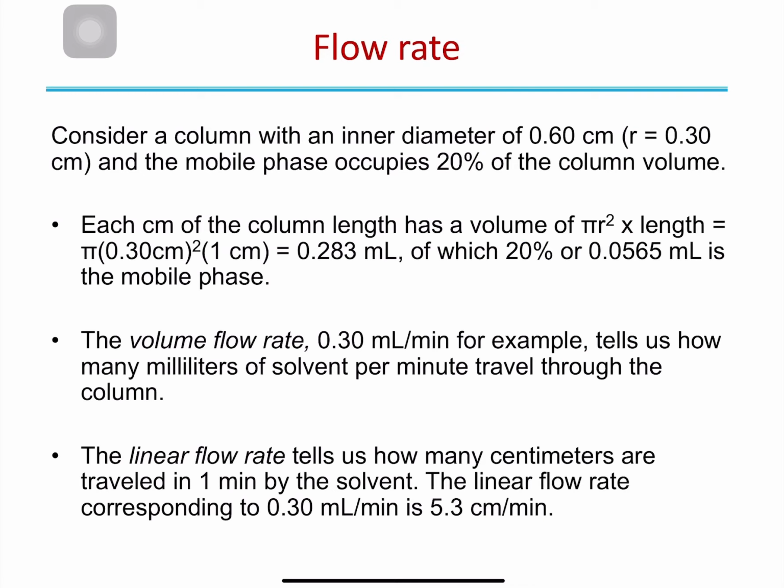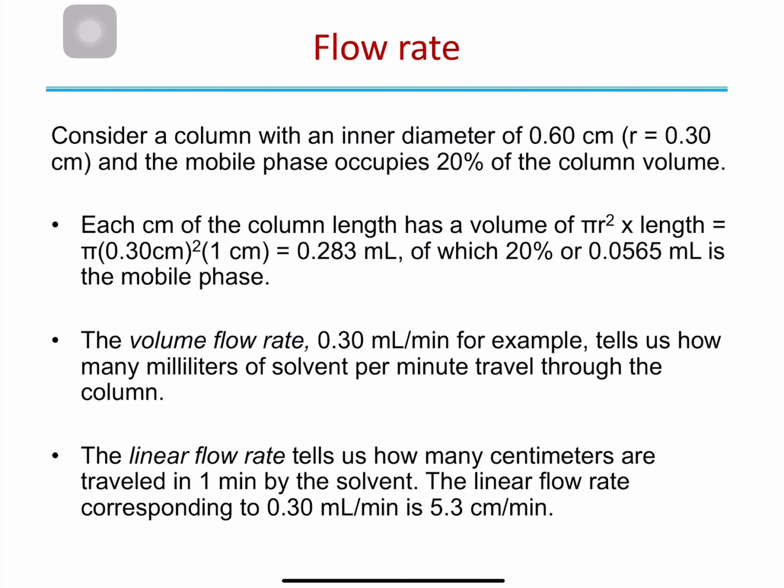In order to find or calculate the volume flow rate, we need first to know how much solvent there is in the column. How much solvent is in the column will depend on the volume of the column itself and the percentage of the eluent inside the column.